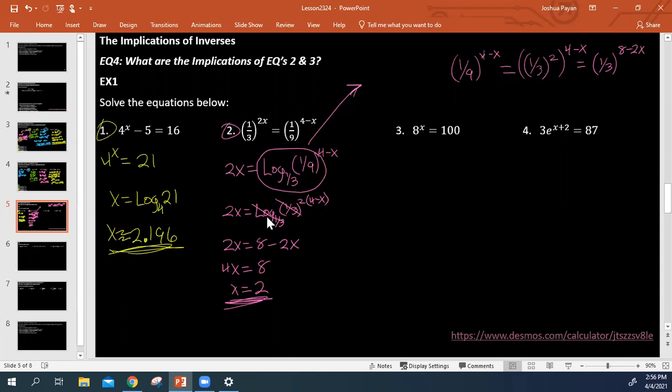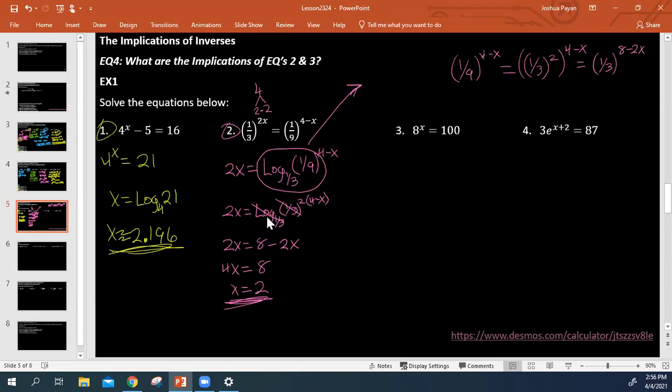Okay, and you can always check your work, right? So if I say x equals 2, well, I better make sure that this actually works when I plug this back in. So 2 times 2, well, that's going to give me 4, right? And 1/3 to the 4th power. Brain fart here. 3 raised to the 4th power.